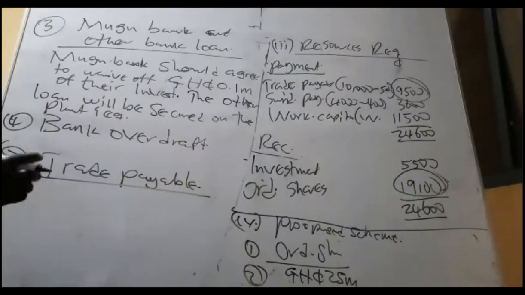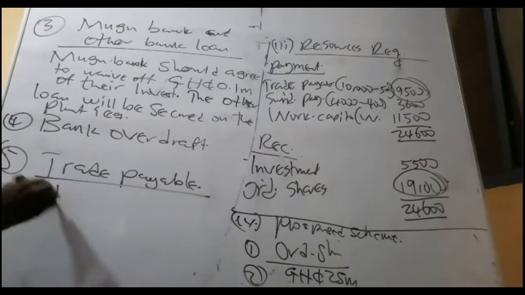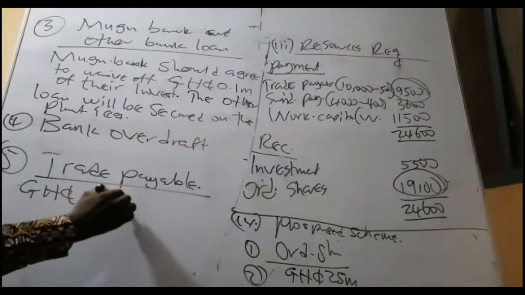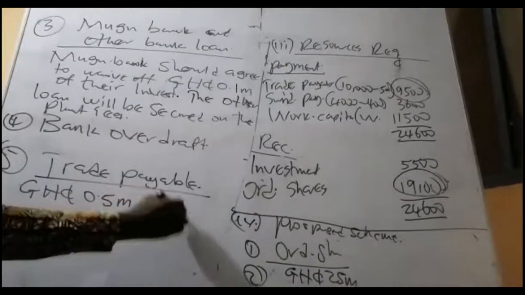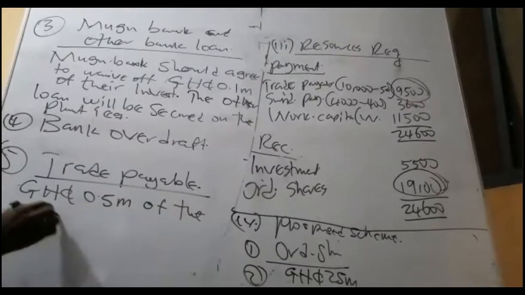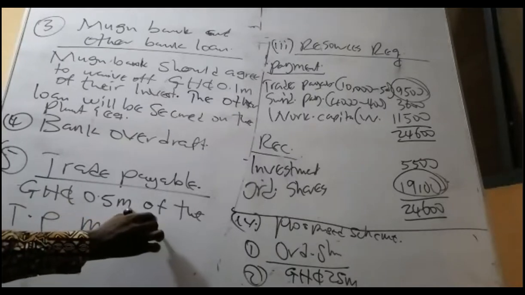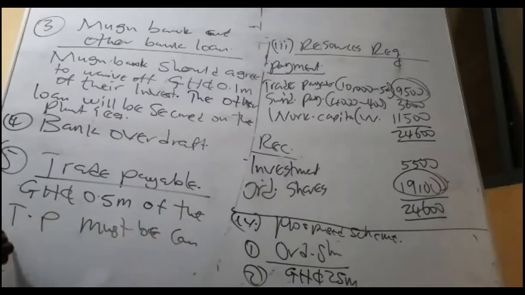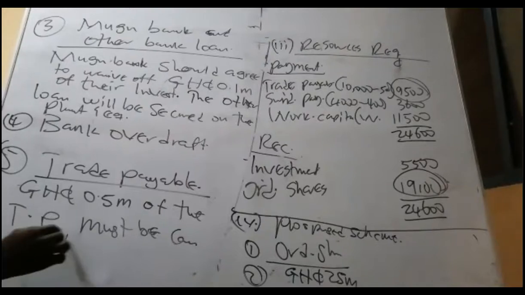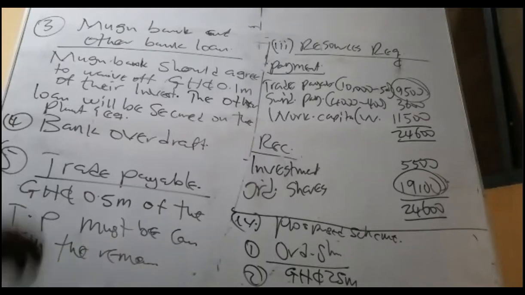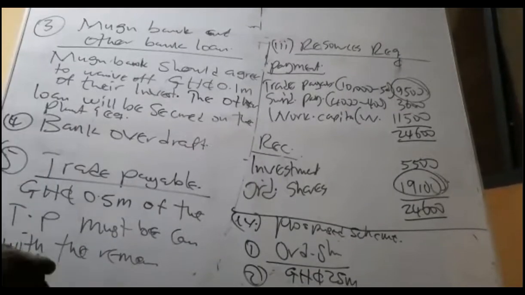Tell the examiner that trade payable, so we say that Ghana cedi of 0.5 million of the trade payable must be cancelled, with the remaining balance being paid immediately.